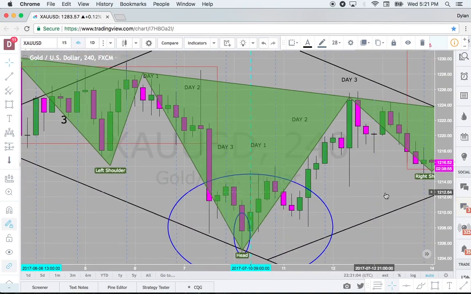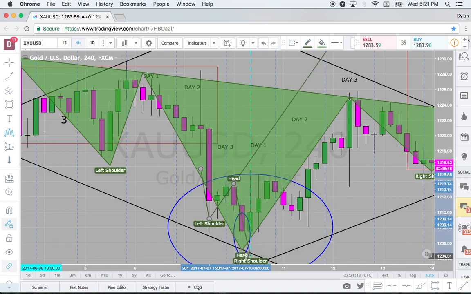We can also see inside of this macro Head and Shoulders, there is a micro Head and Shoulder pattern. And I also have the peak of that circled as well.